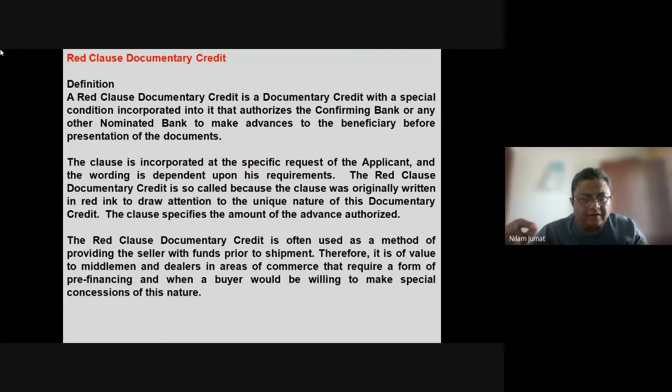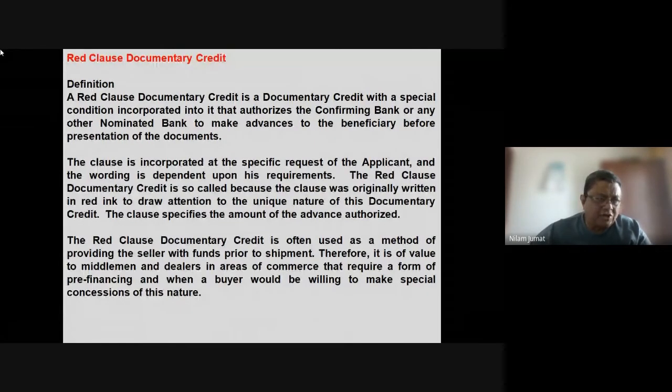On a typewriter you get red and black: put it down, it is black; you put it up, it is red. So only two colors, black and red. So these special types of LCs, where you are going to give an advance to the customer, were typed in red. That is how it got its name: red clause credit, red clause document credit, red clause LC.